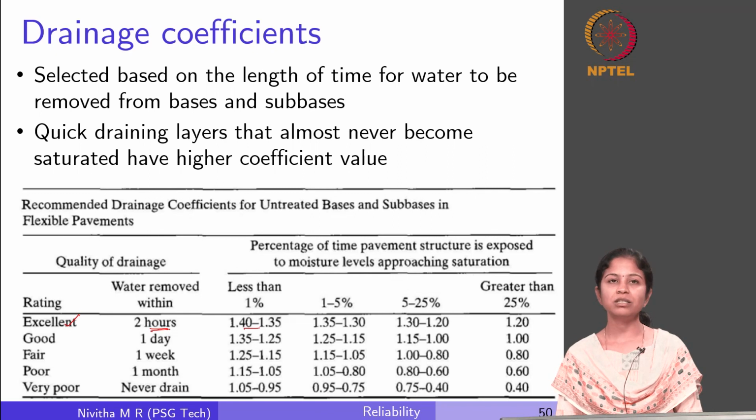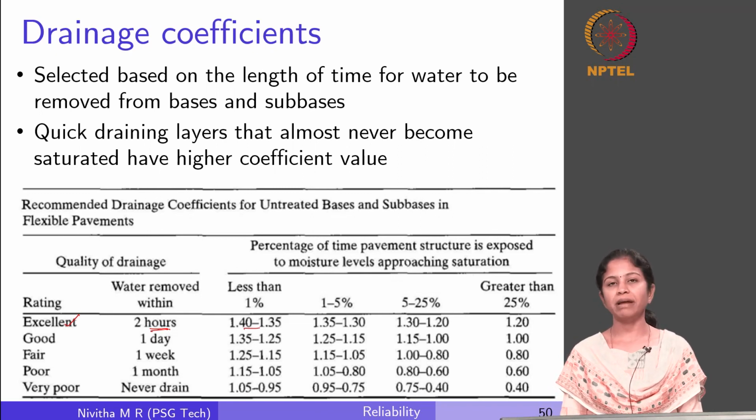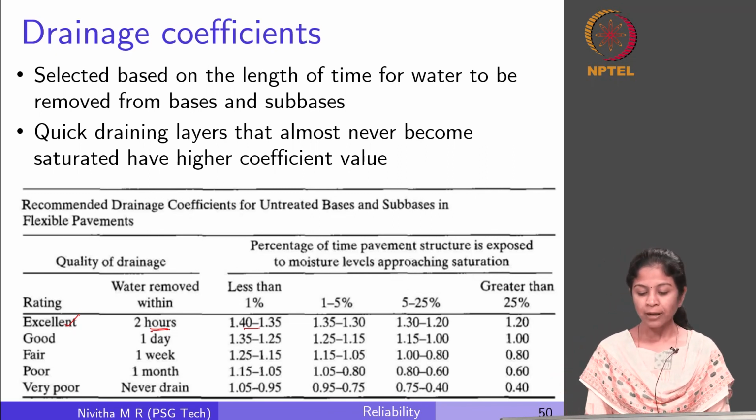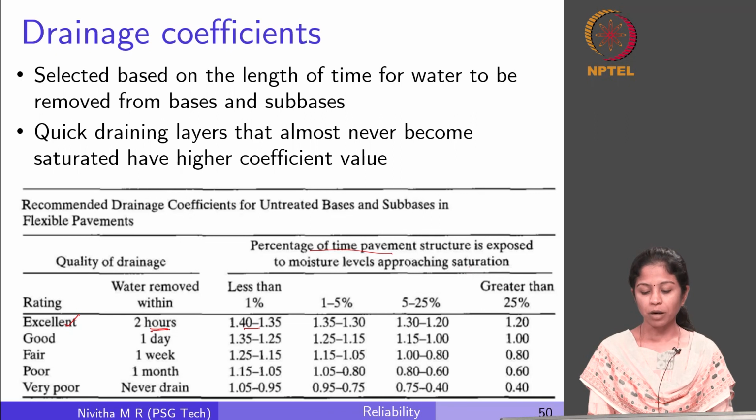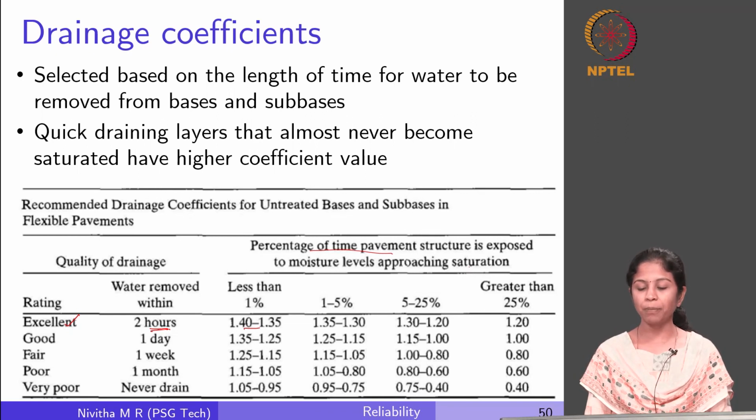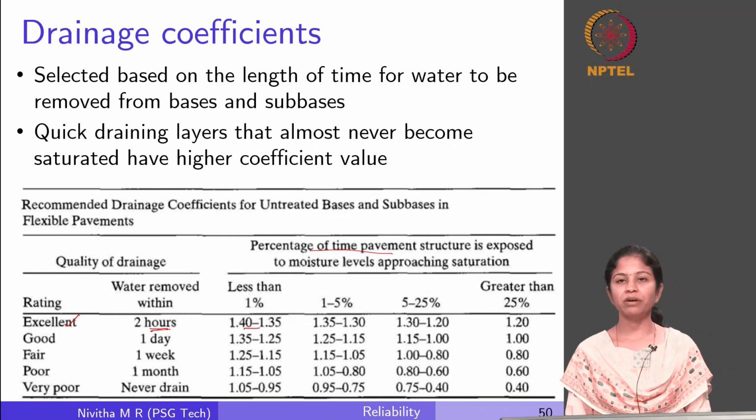These quick draining layers will most of the time not become saturated, right, will not reach a fully saturated state. So, these layers have a higher coefficient, and this also is specified in terms of the percentage of time the pavement structure is exposed to moisture levels approaching saturation. So, for how much amount of time is it nearing the saturation state, right. So, if it is less than 1, or between 1 to 5%, 5 to 25, greater than 25, depending upon that also the drainage coefficients vary.